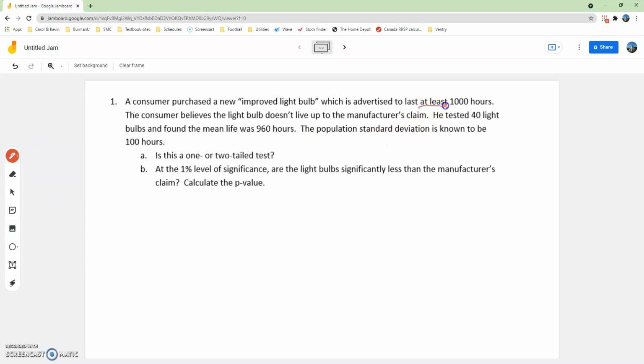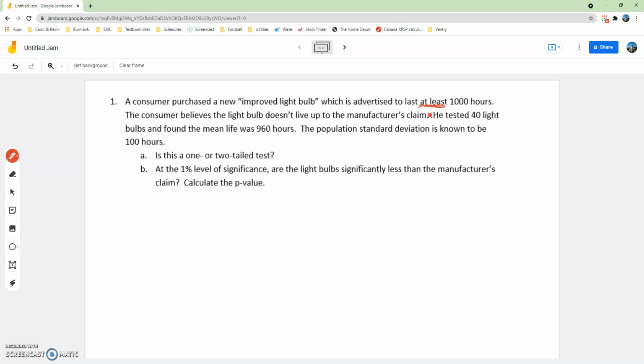This is a key word. The consumer believes that the light bulb doesn't live up to the manufacturer's claim. So this starts the whole hypothesis test. We, as the consumer, don't believe that the company is correct when they say that their bulbs last at least 1,000 hours. So he tested 40 light bulbs.